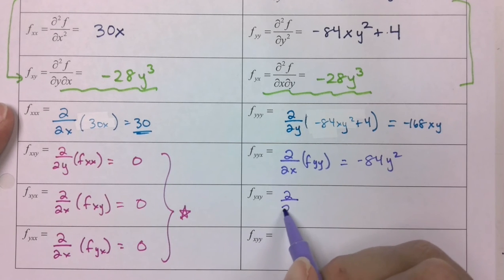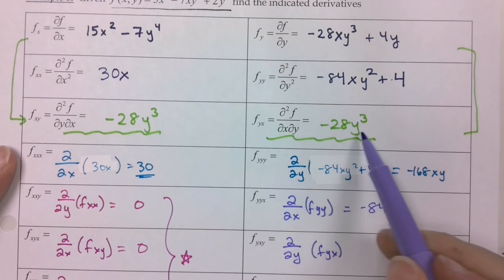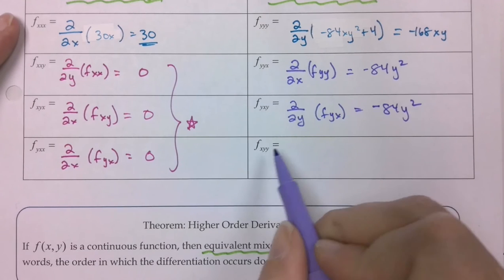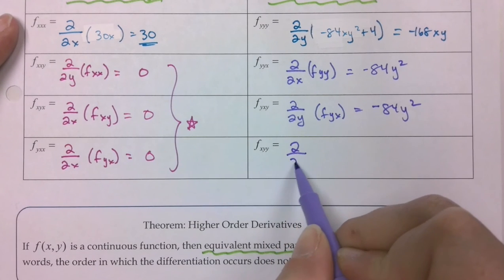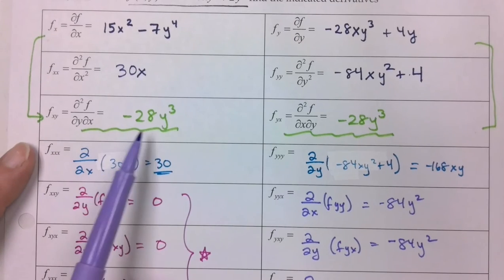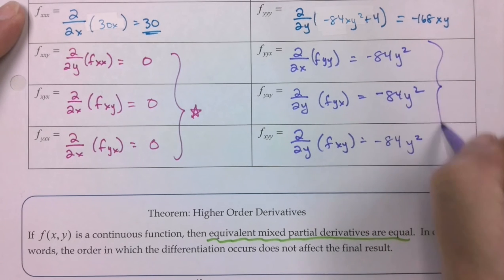That's the partial derivative with respect to y of fyx, but fyx is right here, and 3 times 28 is 84, so that's negative 84y squared. And then fxyy, that's the partial derivative with respect to y of fxy. Fxy was over on this side, and sure enough, they're all the same.